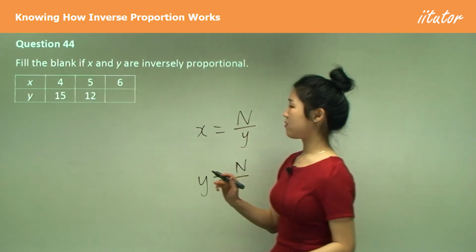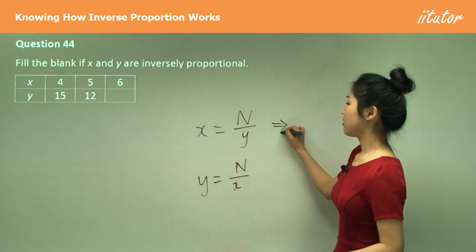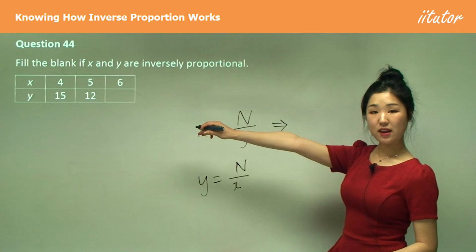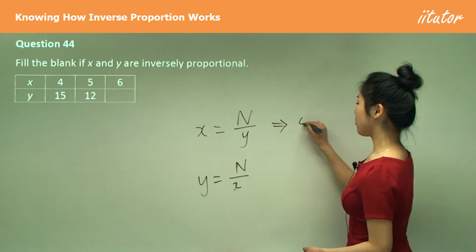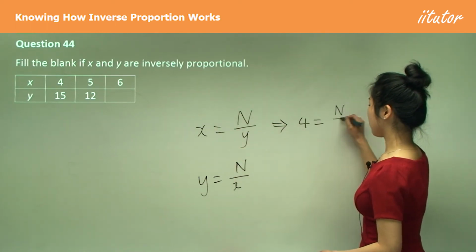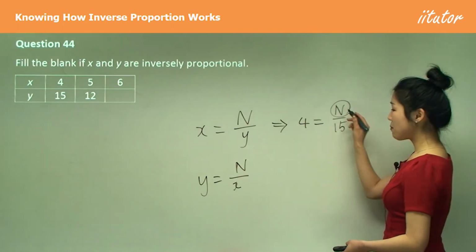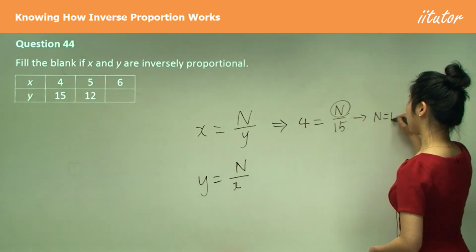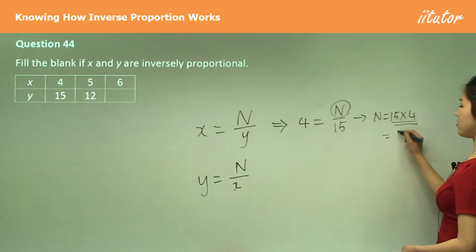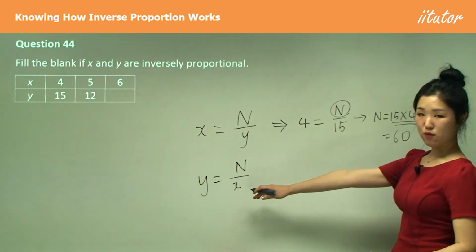Let's try one of these values. If x is 4, y is 15. So what would the number be, guys? The number would simply be 15 times 4, which is 60. Let's try it here to see if it works.